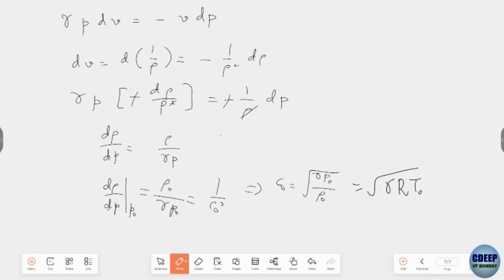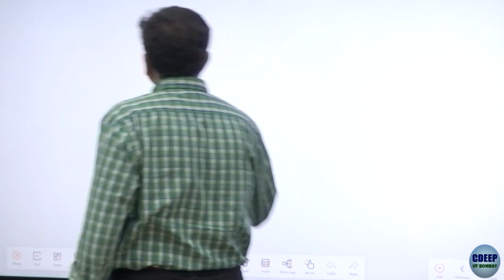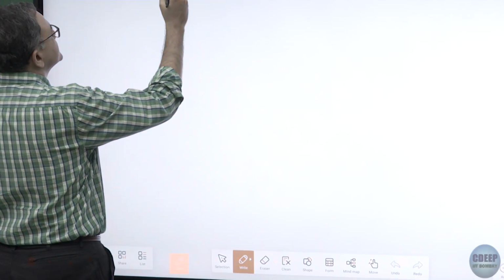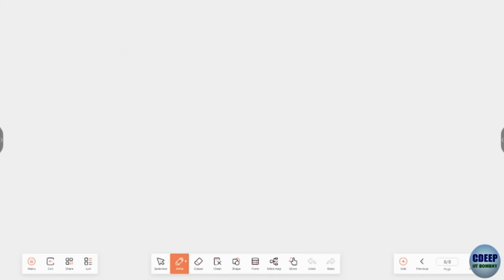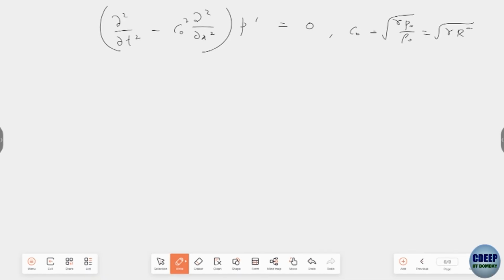So I'll just go back to what we have till now, which is that del 2 P prime by del T2 minus C naught square del 2 P prime by del x2 is equal to 0, and C naught is equal to root over gamma P naught by rho naught, which is equal to root over gamma R T naught.